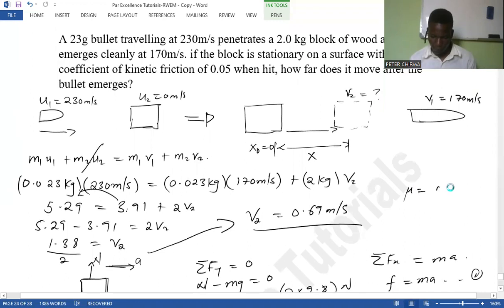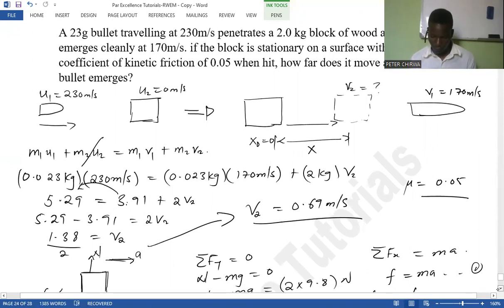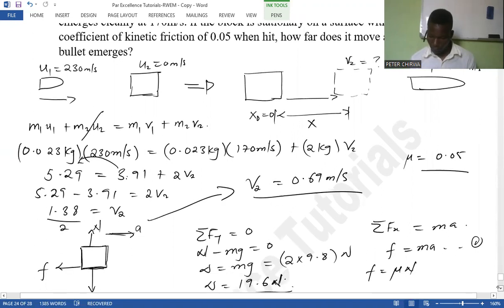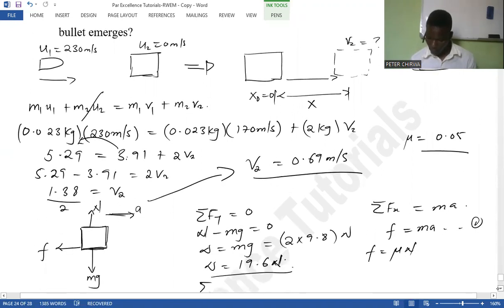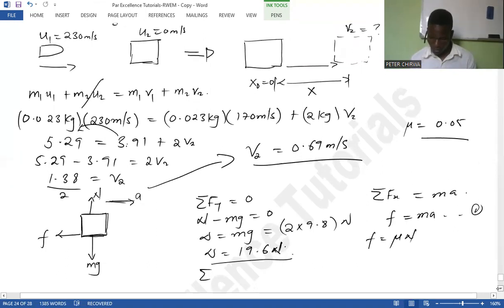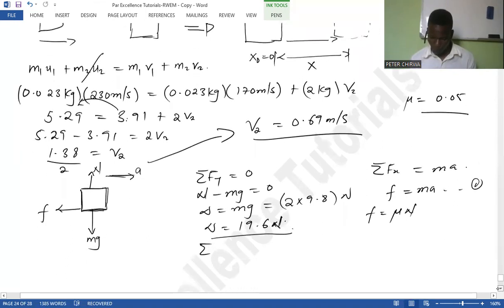It's 0.05, that's our mu, or the coefficient.